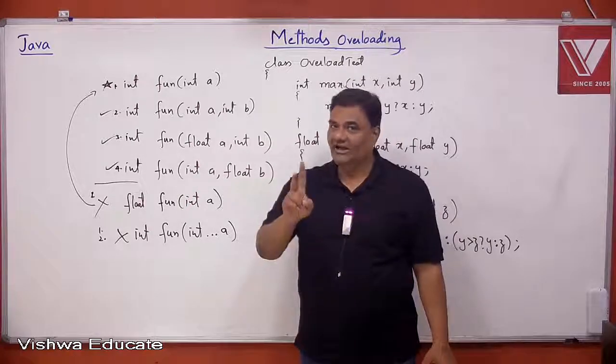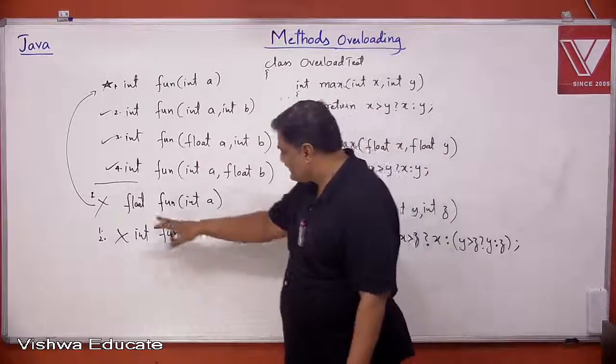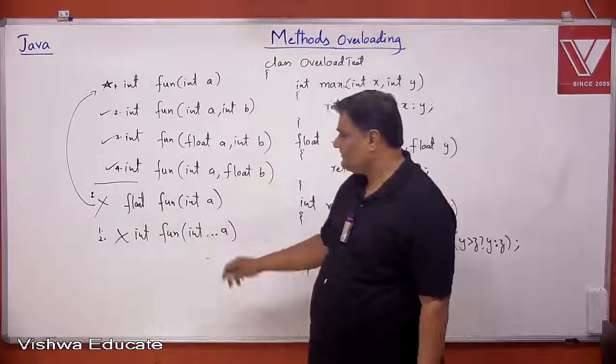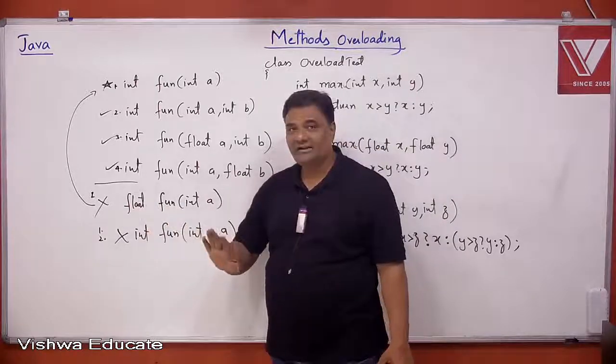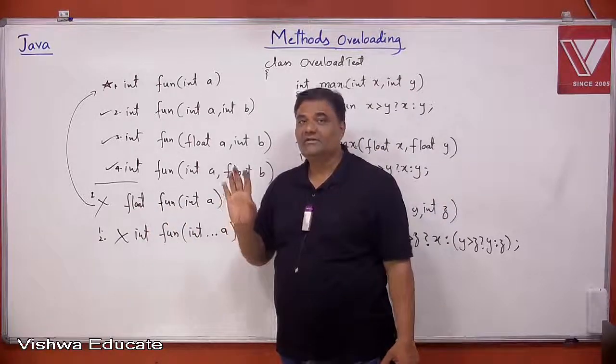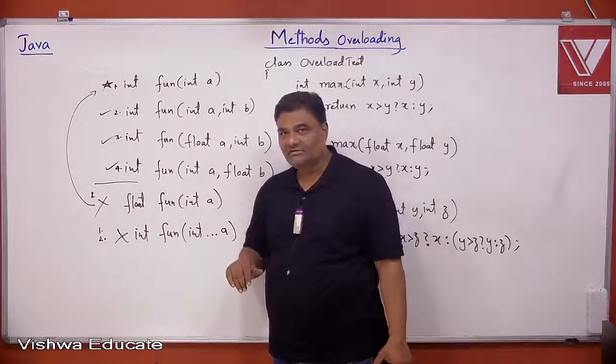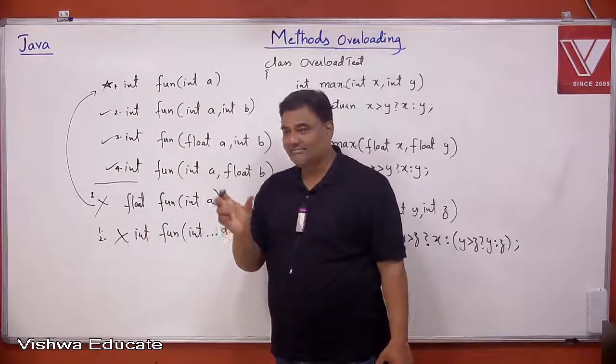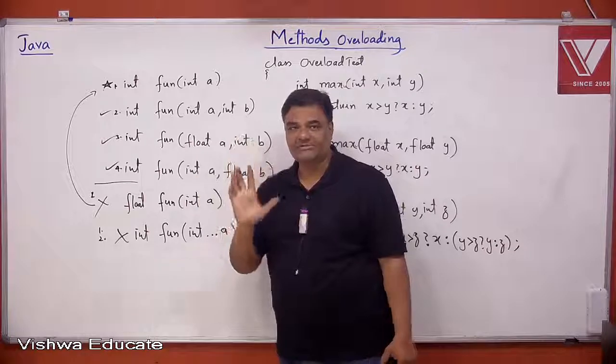Okay, so you have to take 2 points. Okay, you take just this point. I will show you once more. The point is that return type is not considered in overloading, right? So it will ignore return type. Just check name and the parameters. Take that point.